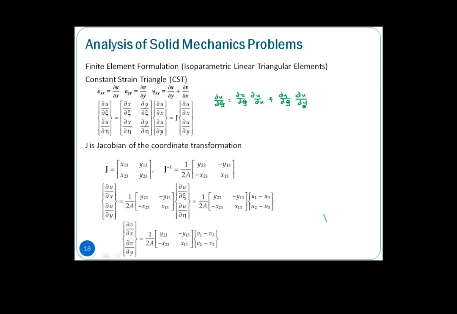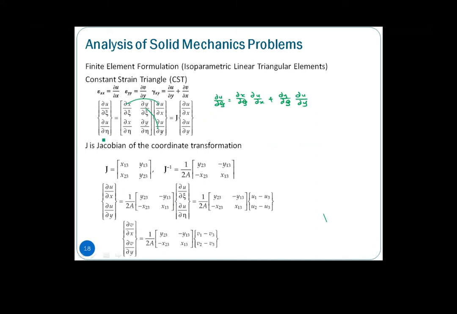That is the first. Multiply this by this, plus this by this, which gives del u del psi.